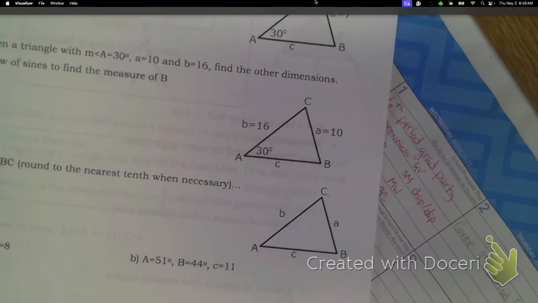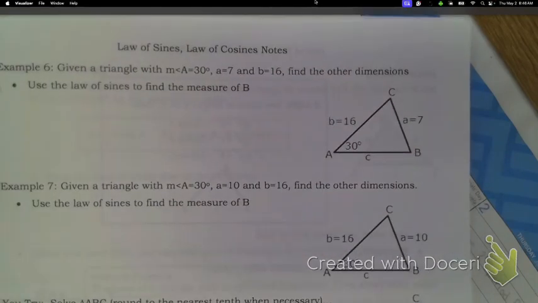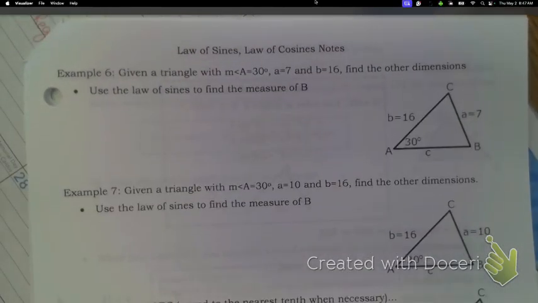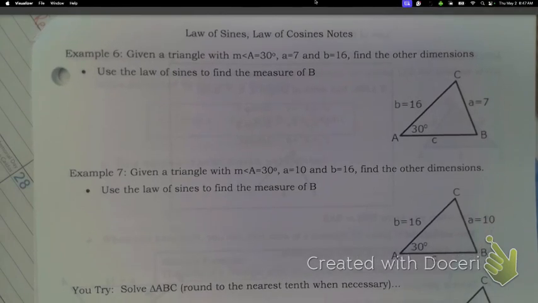Okay, so what about the next one? So do I have enough for law of sines? Yep. But there's only one angle, so I have to look for how many? Two triangles. So what's the only thing I'm able to find right now? Capital B. So angle B is what I was looking for.